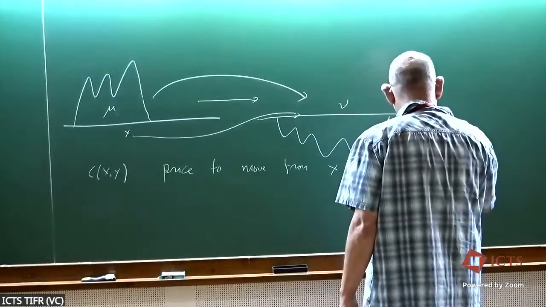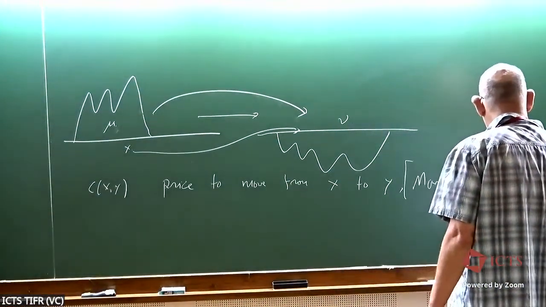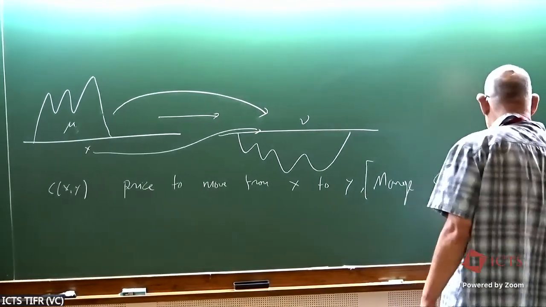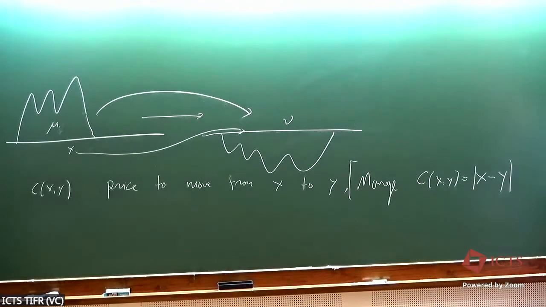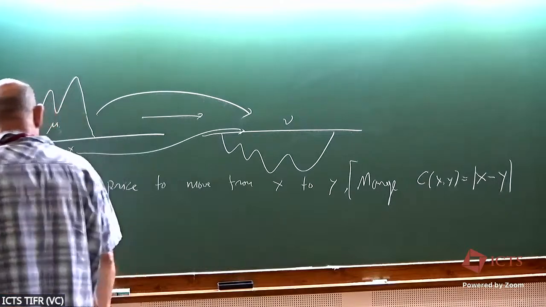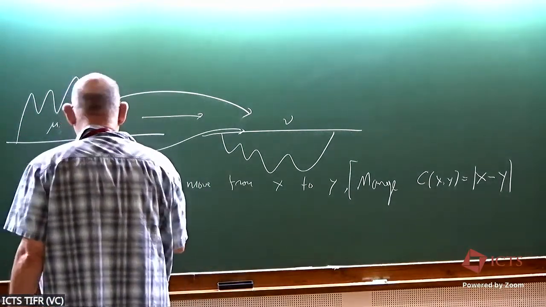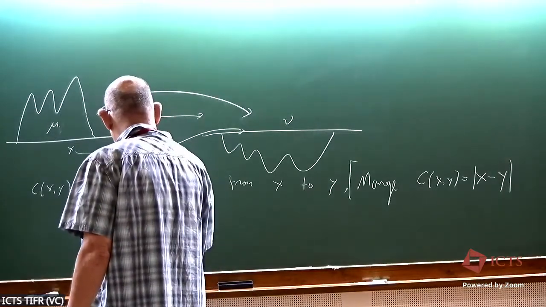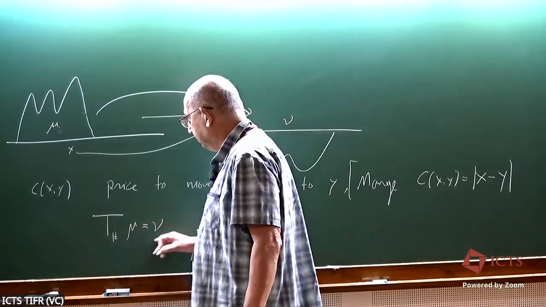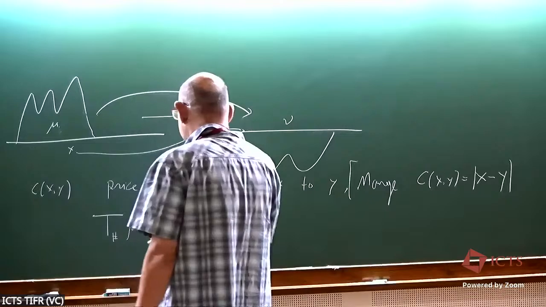Monge considered just the Euclidean distance between X and Y. And he asked, what is the mapping T which pushes mu to nu, and later I will explain precisely what it means, such that it minimizes the cost.